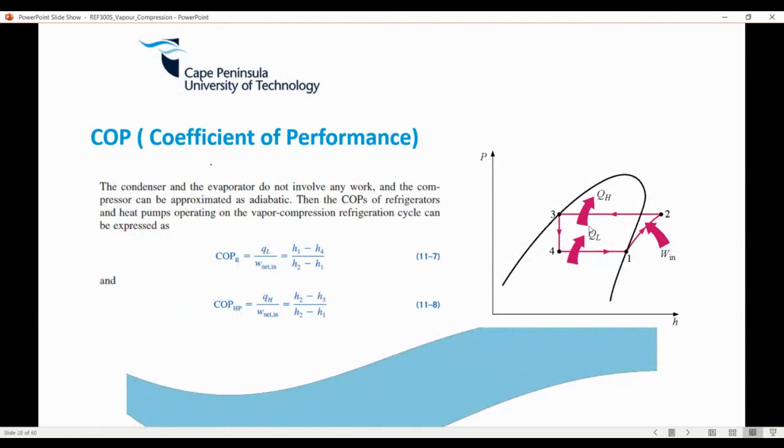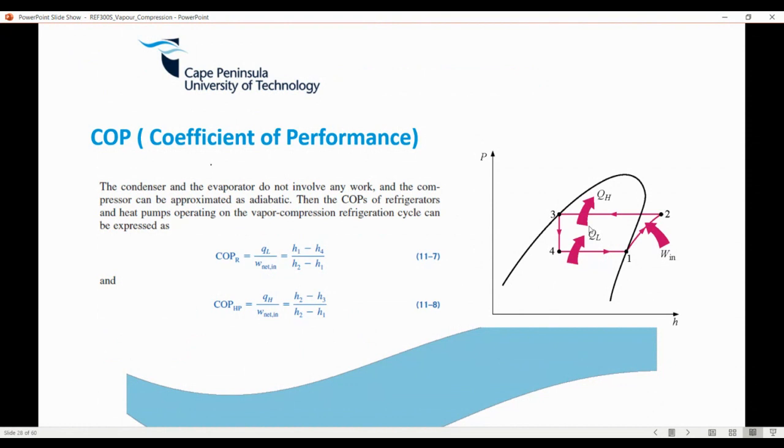The main point of the diagrams is to obtain enthalpy values. And where do we obtain enthalpy values? I'll tell you shortly. The main thing you need to know of the cycles is the efficiency, which is also deemed the COP. Let's say the condenser and evaporator don't involve any work, and the compressor can be approximately adiabatic, then these are the COPs of refrigerators and heat pumps.